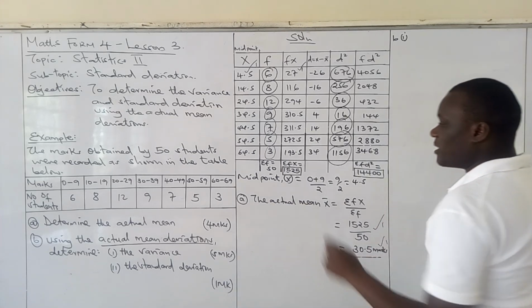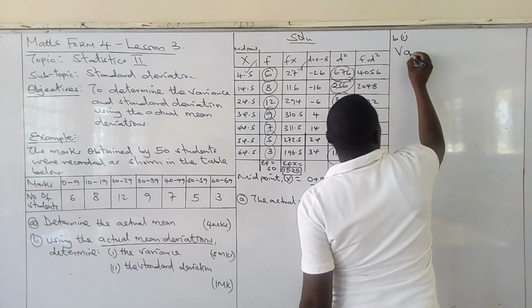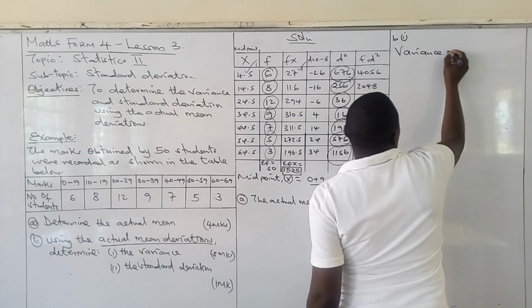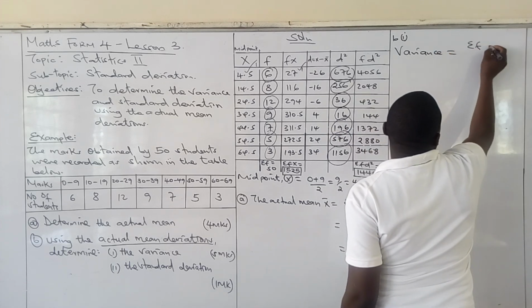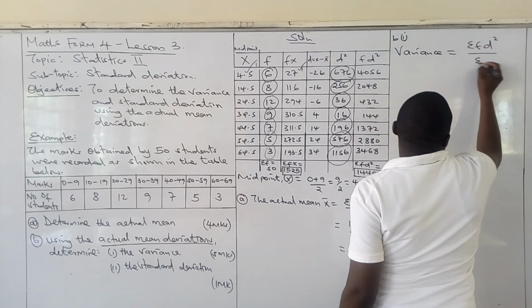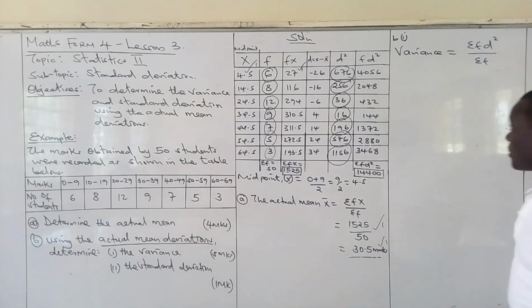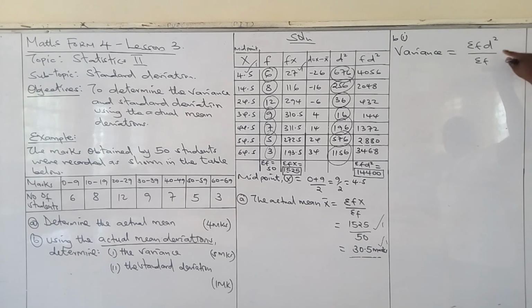So how do we get the variance? Variance is equal to summation of fd squared, you divide by summation of f. Because we have used actual deviations, this is the formula. We don't add plus summation of fd over summation of f then square. We only use that when we have used assumed mean deviations.